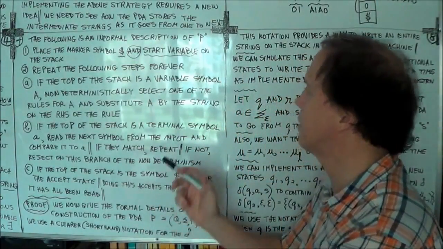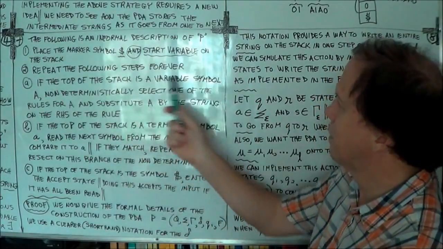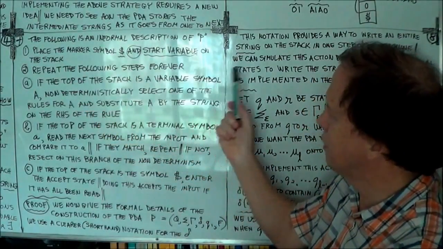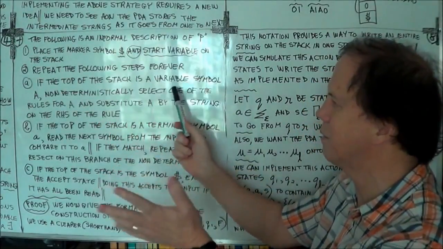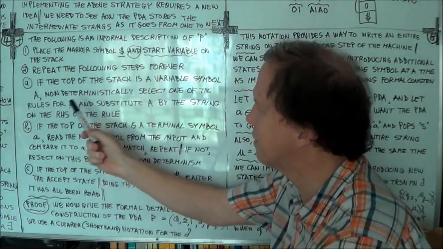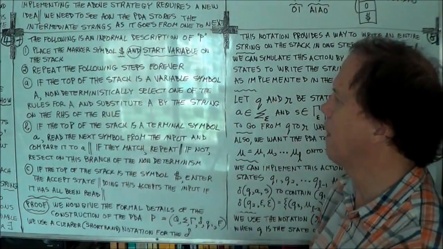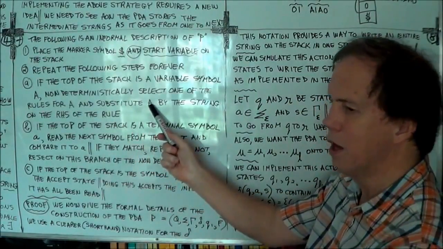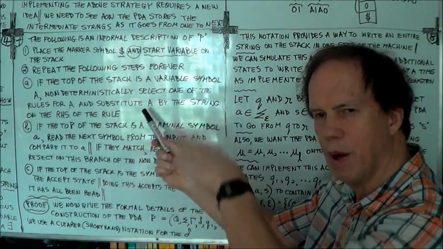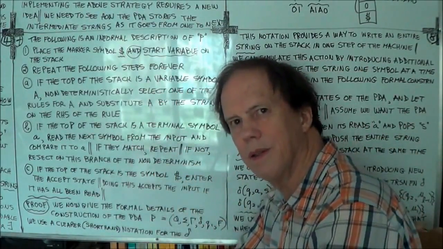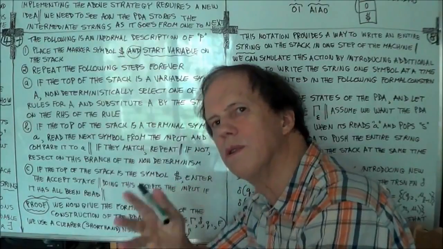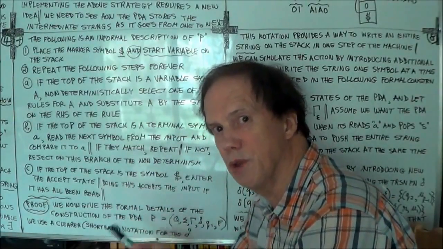Okay, so if the top of the stack's a variable symbol, then non-deterministically, for each rule that matches that variable, substitute. In other words, pop the variable and then push the right-hand side with the initial terminal symbols removed.